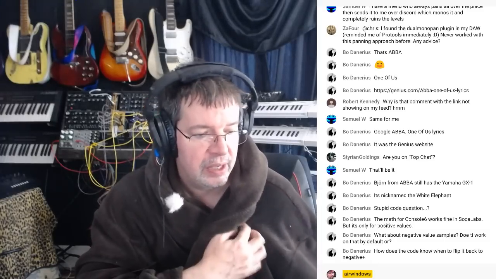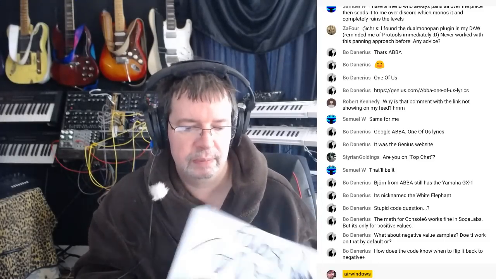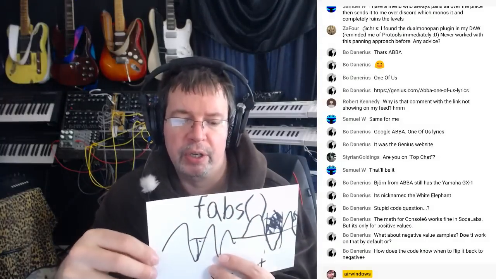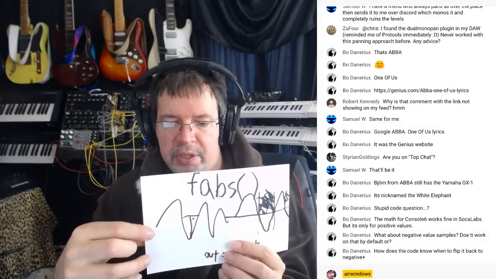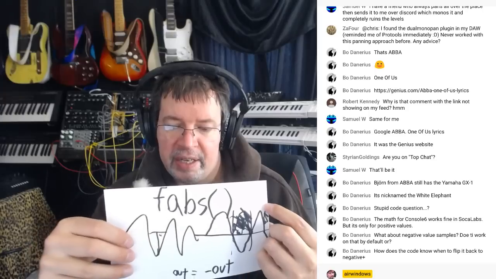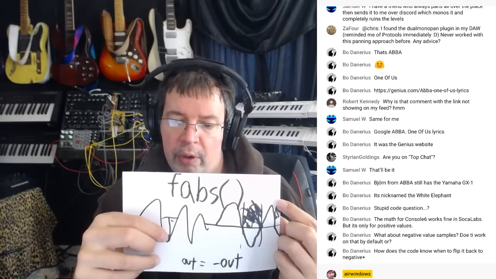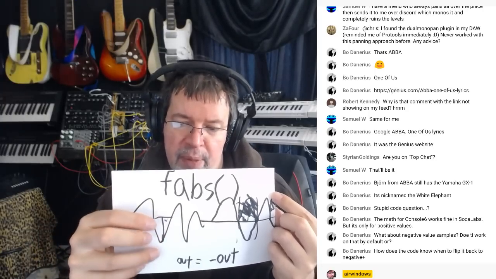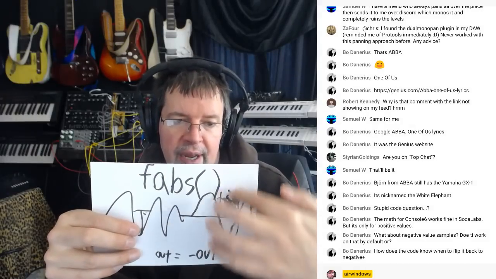Now, if you're doing something like a low-pass filter, so you've got this waveform, sometimes it becomes negative. You're doing something like a low-pass filter, but for whatever reason it only wants to go in positive, so you've got it doing that. And then your end result is just kind of wandering around over here. In that case, you wouldn't want to look at the initial thing and go, oh, okay, so if this was here, then it must mean that the output is negative, because then you'd flick over to here and then back again.